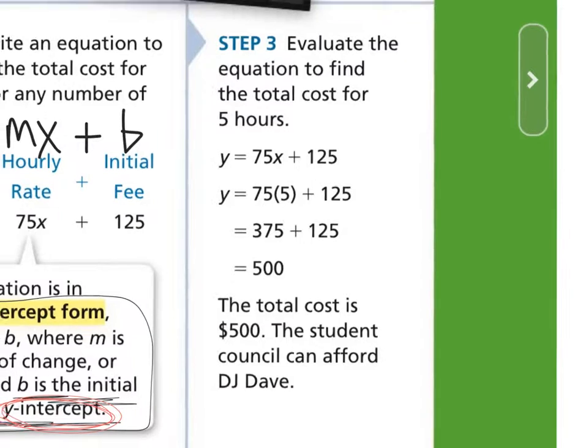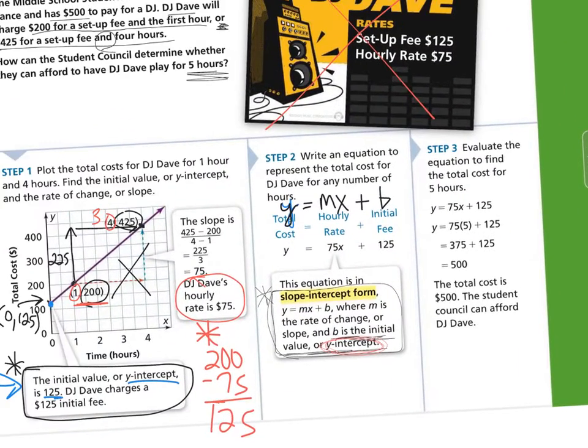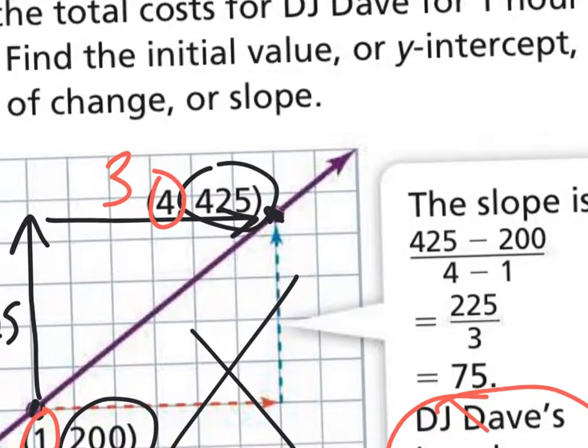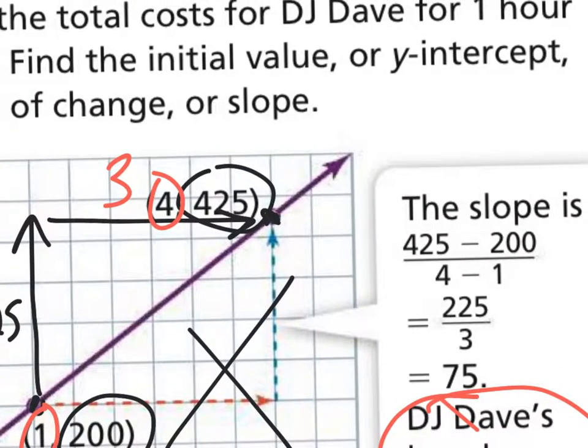Another way of doing this, probably a little quicker, is that once you figured out it's $75, well, 4 hours was $425. Just add another $75, and that shows you 5 hours is $500.